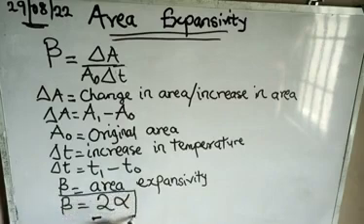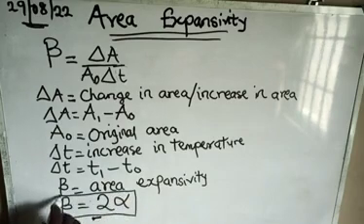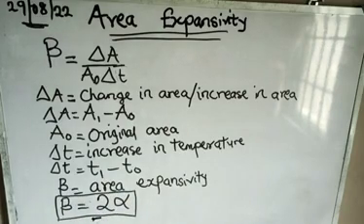Have this in mind. We can be given a question to solve, and then parameters will be given, and the linear expansivity might also be given, and then we are asked to find the area expansivity. Just multiply it by 2, and then you get your value for that.